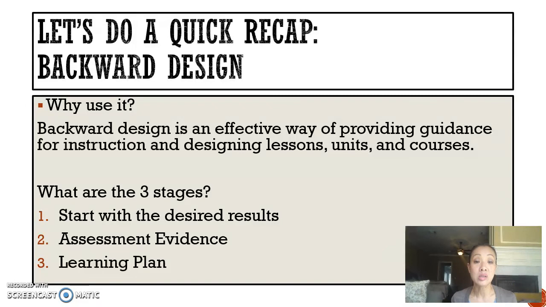We want to start from the end first, the end product: what is the desired outcome that we want, and work our way up to the activity, whereas we're used to doing the activity first and then assessing later. In backward design, there are 3 stages. You start with the desired result, then the assessment evidence, and the learning plan.